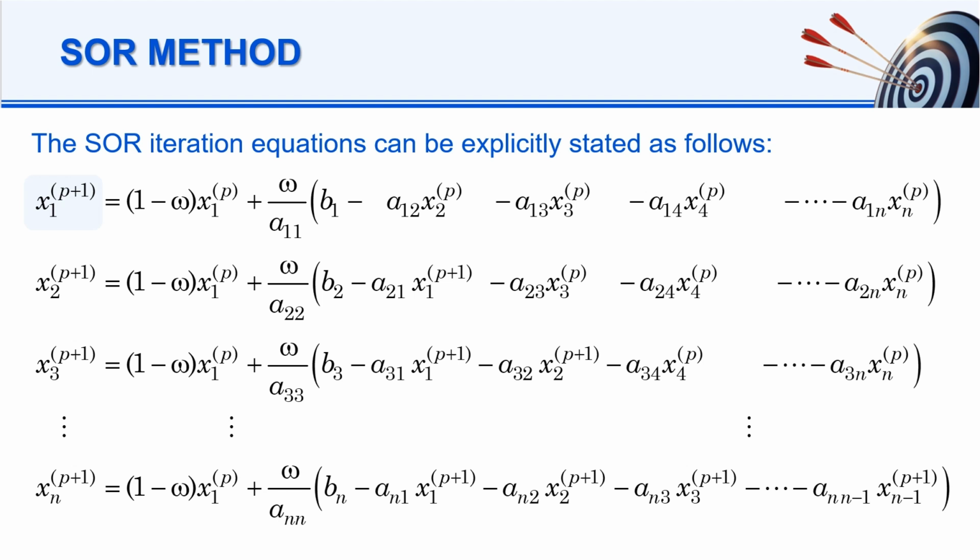Here, omega is a weight factor, and the choice of omega significantly impacts the convergence rate of the method. Generally, there is an optimum value of the acceleration parameter for which the number of iterations is minimum. This topic is covered in the next video. Also notice that the iteration equations immediately use the current estimates as soon as they become available.